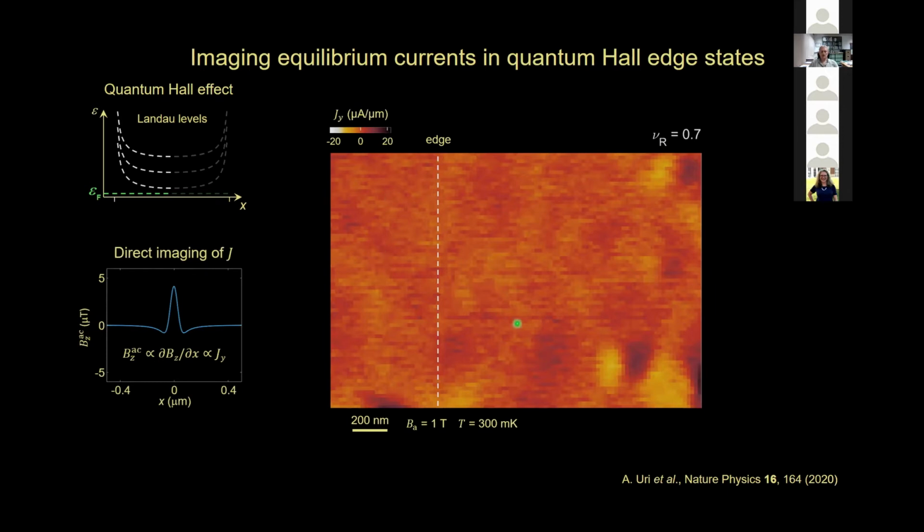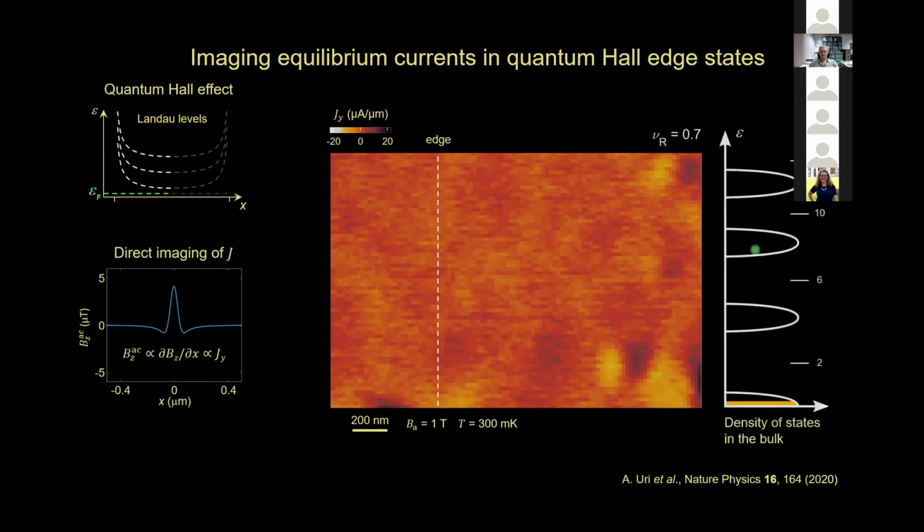And here we have another back gate where we can tune the carrier concentration to any value that we want. Then we'll just change the Fermi level in this part of the sample and study the resulting currents. This is the schematic of the Landau levels, the density of states, and the corresponding filling factors 2, 6, 10, and so on in graphene.